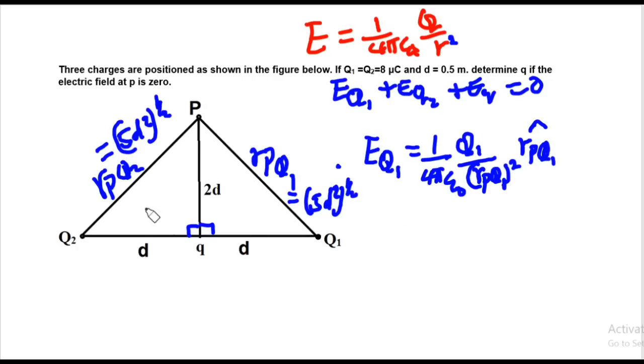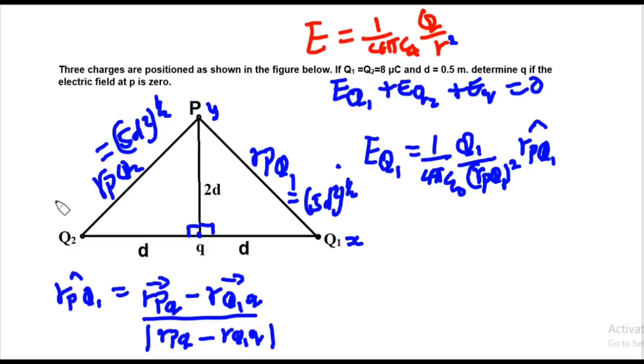RPQ1, we have found before as 5D squared to the power of half. So how do we find the unit vector in this direction? To get the unit vector in the direction PQ1, we use this formula.